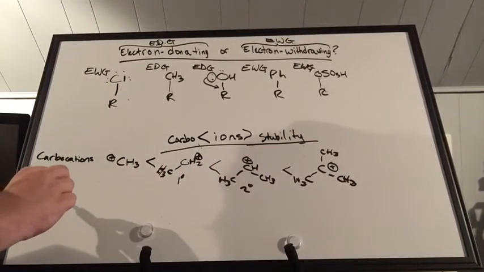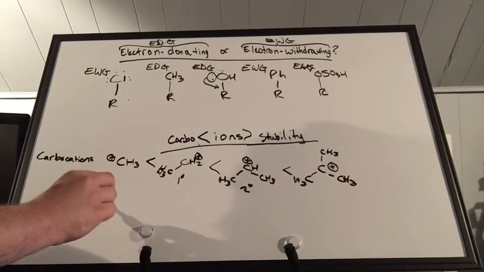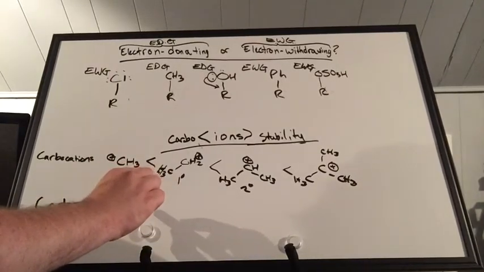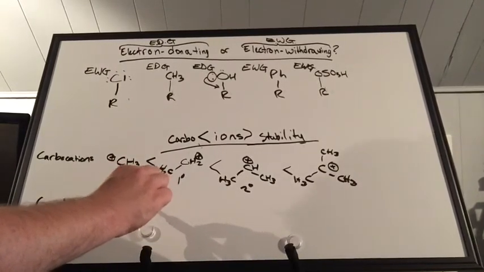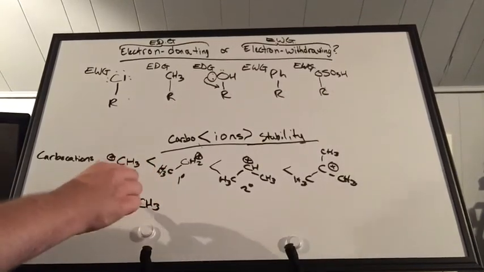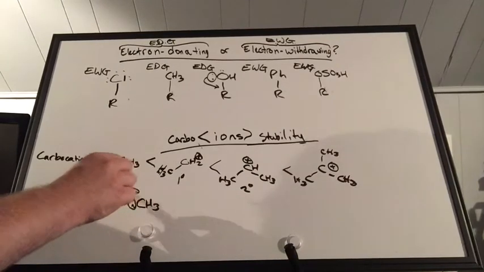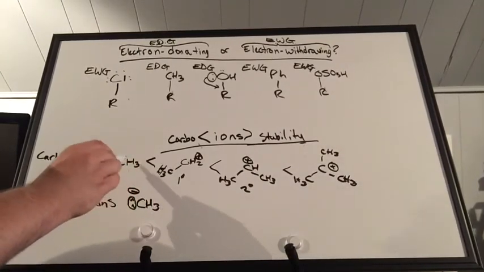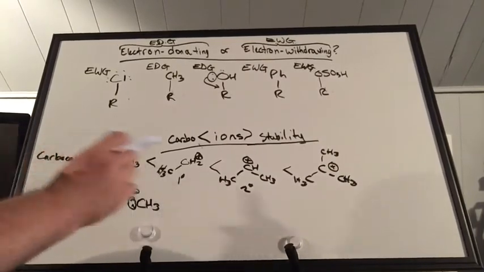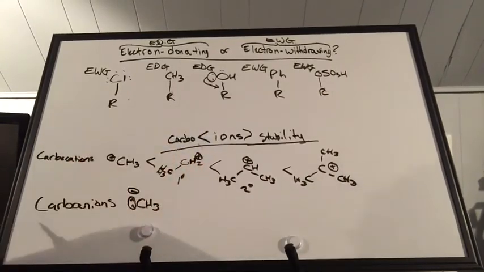And then we have carbanions, which you might have guessed actually follows the opposite trend. Okay. So to have a full octet about carbon here, this does not have a full octet, by the way, so that's another reason why these are very much intermediates.